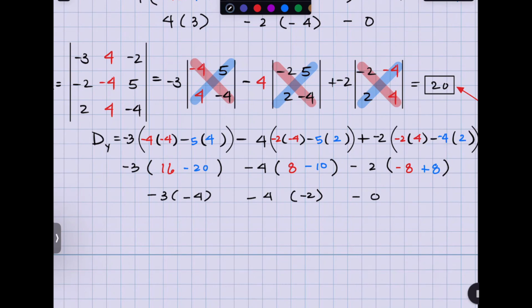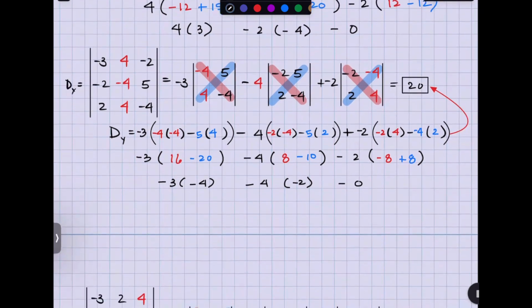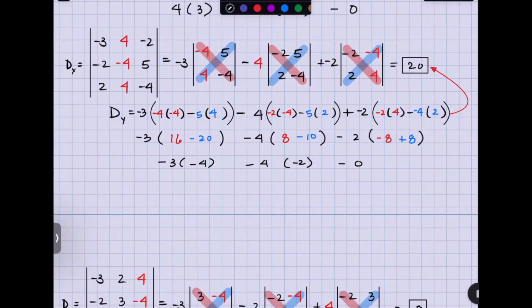That's still 20? It's all good. That's why we're doing this. Because the answers I got on the notes really was me going, what do we got? I didn't actually do the work.